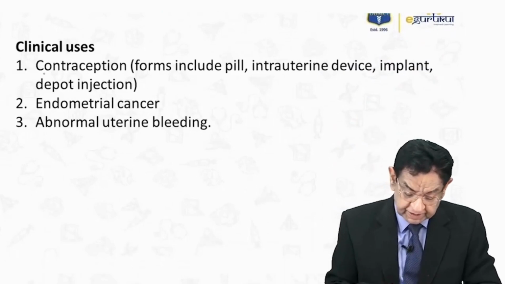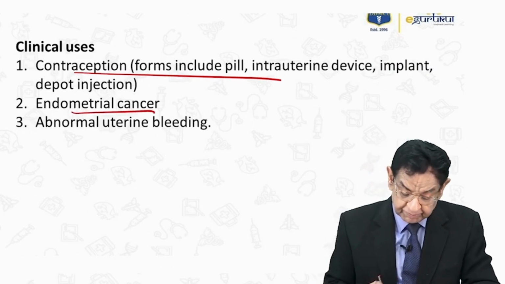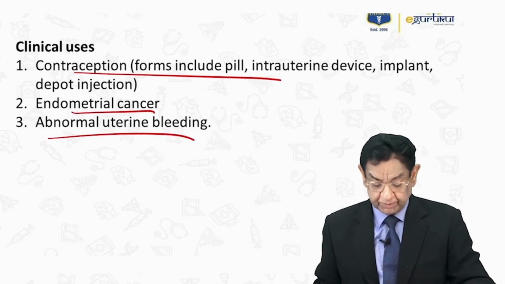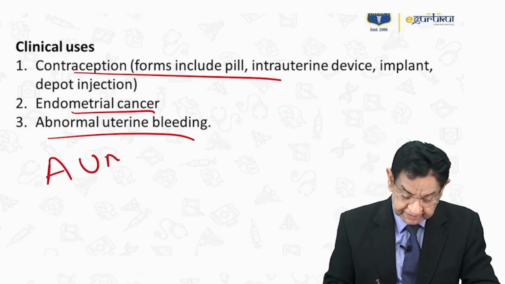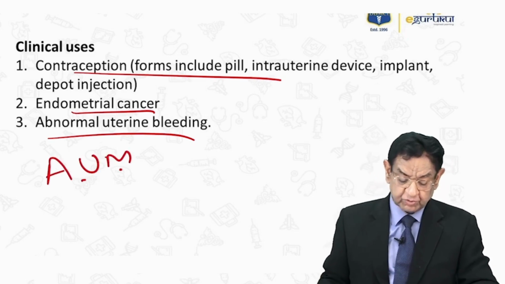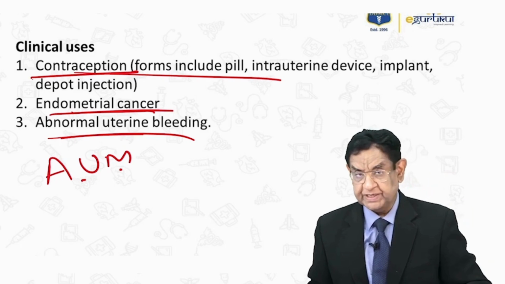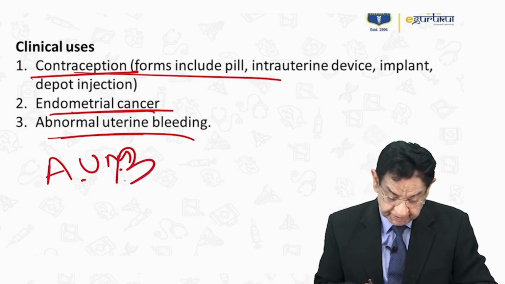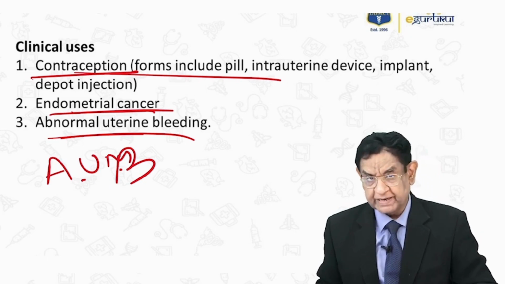We use it for contraception, as a pill, in endometrial cancer, and in abnormal uterine bleeding, which we write as AUB. So contraception, endometrial cancer, and abnormal uterine bleeding we use.